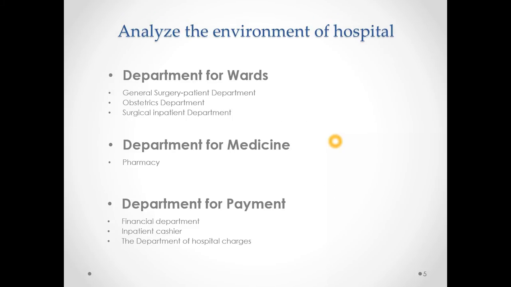And in this slide, I also listed some other elements that relate to the actions of patients. Some patients need to be hospitalized. Some need to take medicines, and all patients need to pay money to the hospital.